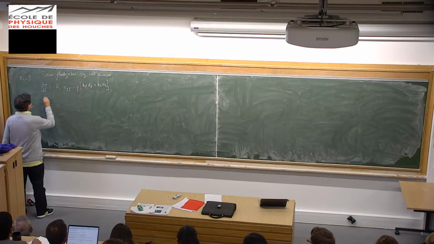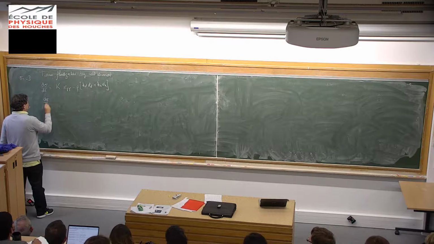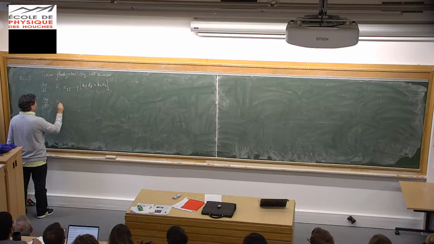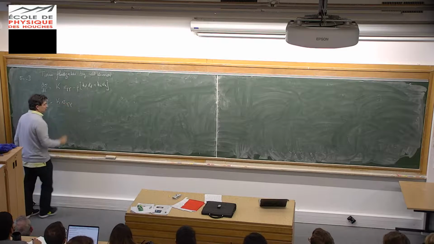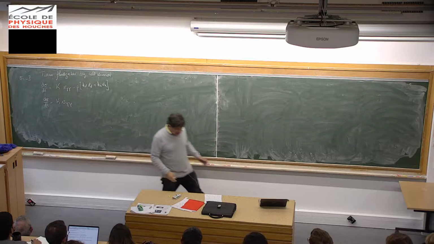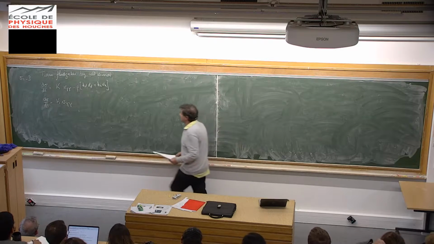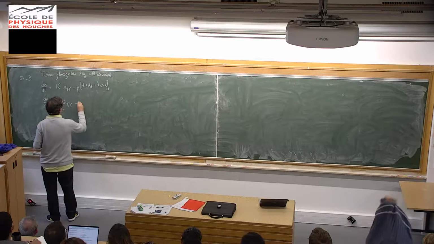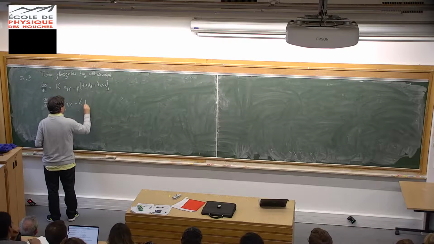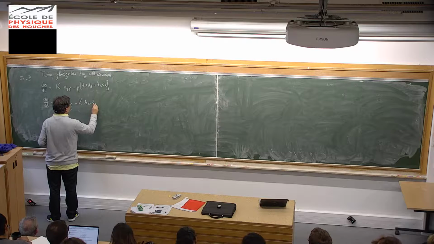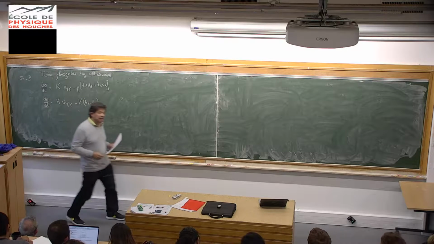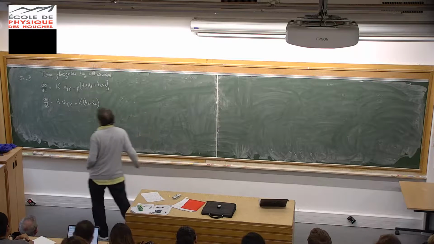that d sigma dt equals k v gamma gamma plus another term, which is minus k k_d minus k_a. That's assuming that there is an equation of state.